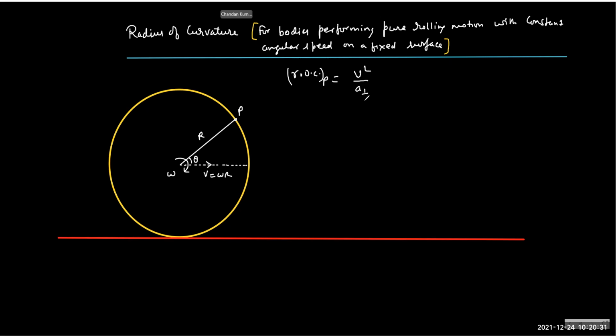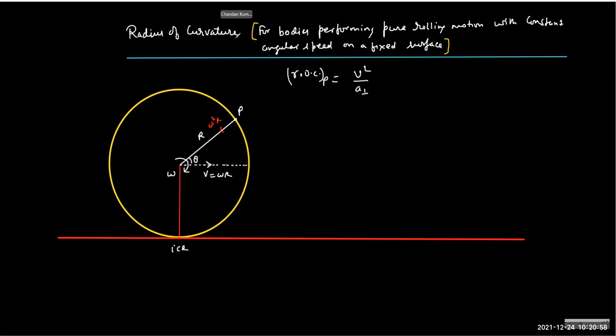Now that is something very interesting. What we know is that the acceleration of any point P on a pure rolling body is always toward the center. So the direction of acceleration is well known to you in advance. Now the problem is, what is the direction of velocity? For that reason, we can use the ICR concept that will solve this question in one line.